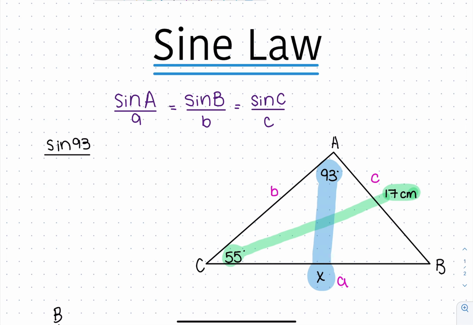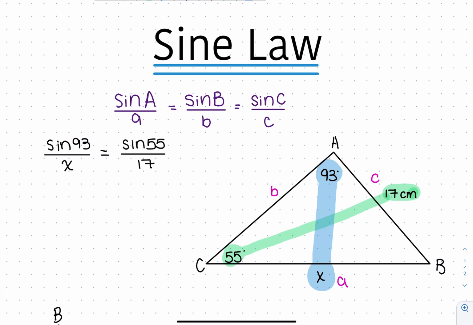Little a, they're telling me, is x. I need another side, though. On the other side, I see that they're telling me that angle C is 55. So sine of 55, and then I need little c underneath, which they told us is 17.